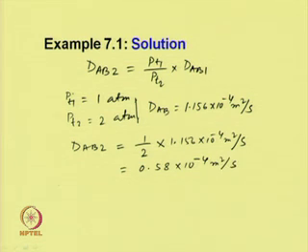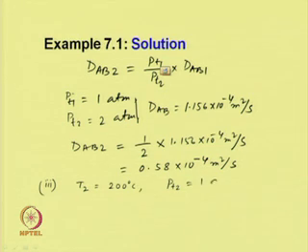So, for the third problem, similarly, since the temperature T2 is given as 200 degree centigrade and PT2 is 1 atmosphere, which remains the same as for the first problem, we can write DAB is directly proportional to T to the power 1.75.